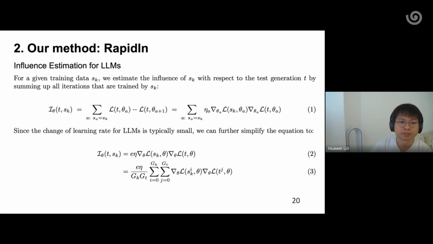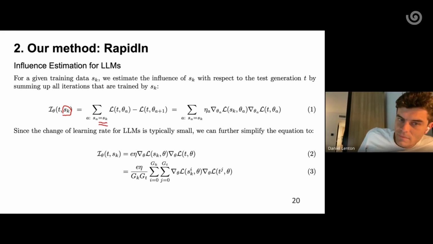If we want to calculate the influence of SK, we have to calculate this, because we said we use batch size equals 1. If batch size equals 1, we can sum up all the training data equal to SK.